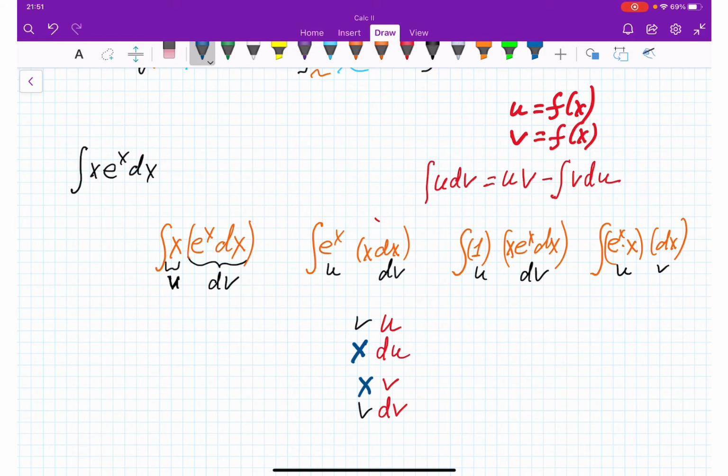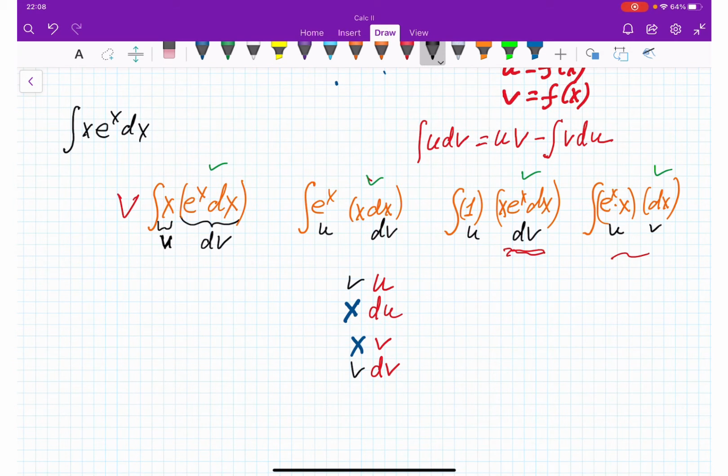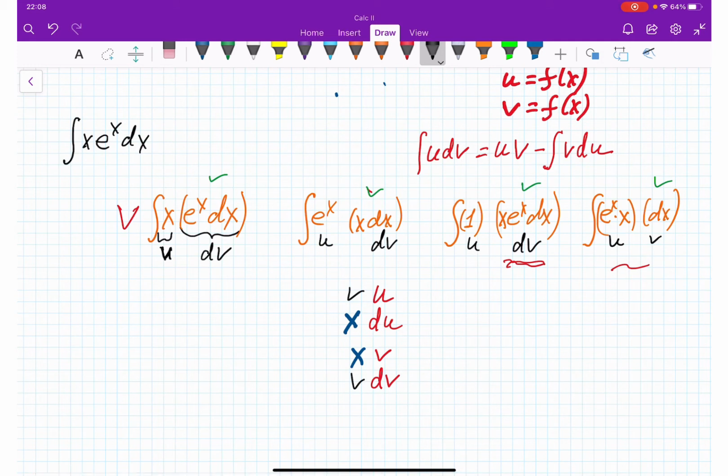So what does that mean? Given u and dv from the integral, from u we will get du, and from dv we will get v.